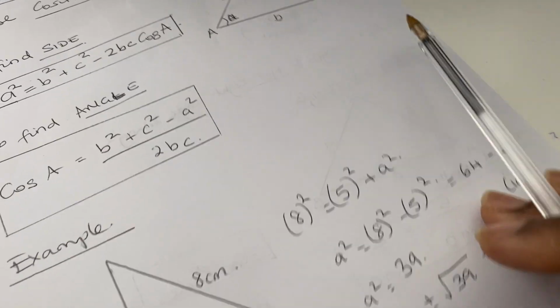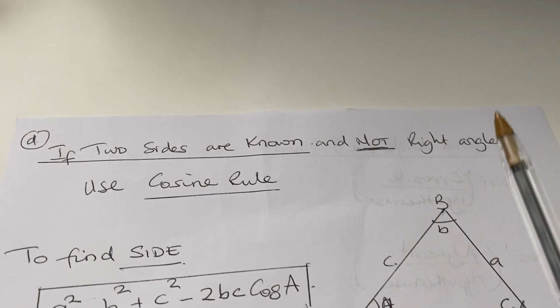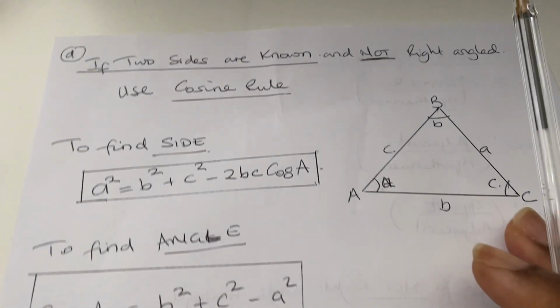Now, the cosine rule. You know two sides, and it's not a right angle triangle.